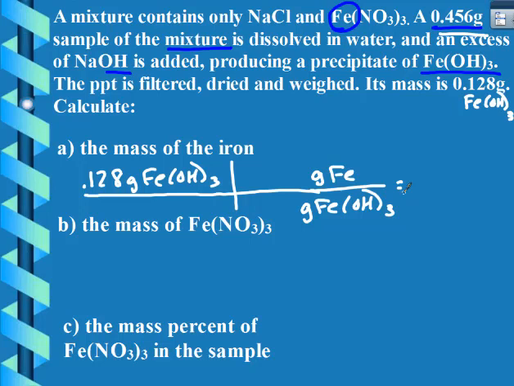So I find my molar mass of iron 3 hydroxide, which is 106.87. I only have 1 iron, so the molar mass of that 1 iron is 55.87.